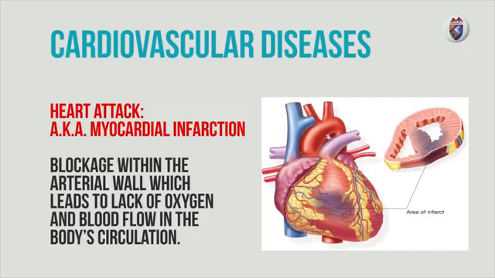A heart attack can occur because of a blockage or several blockages in the arteries, which lead to lack of oxygen and blood flow in the body's circulation. When the lack of blood supply happens, the muscle walls of the heart are damaged. Due to the lack of blood supply, oxygen within the body therefore becomes limited, and as a result, other complications brought about by the disease may occur.